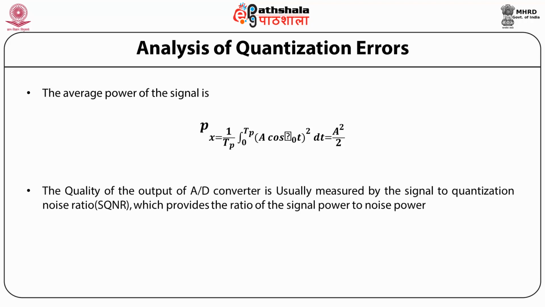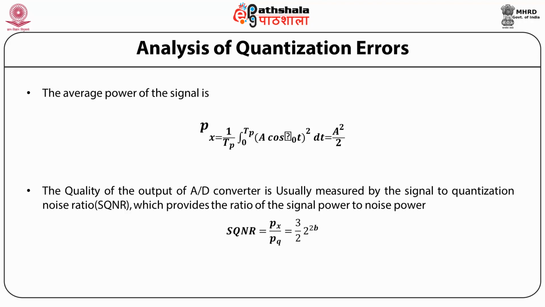The quality of the output of an A to D converter is usually measured by the signal to quantization noise ratio, SQNR, which provides the ratio of the signal power to the noise power.